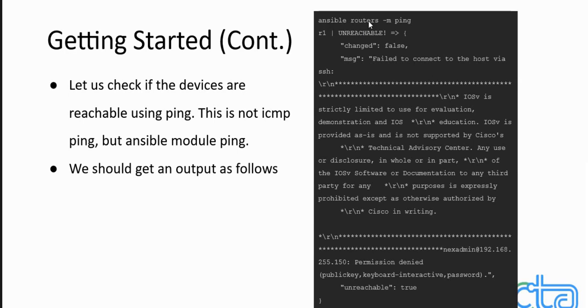Take Ansible, go to this group, issue this command, right? -m stands for module. So in Ansible, there's a module known as ping. This is not ICMP ping, the normal ping which we do on command prompt. This is an Ansible module called ping. And so to specify this Ansible module ping, we give the -m.